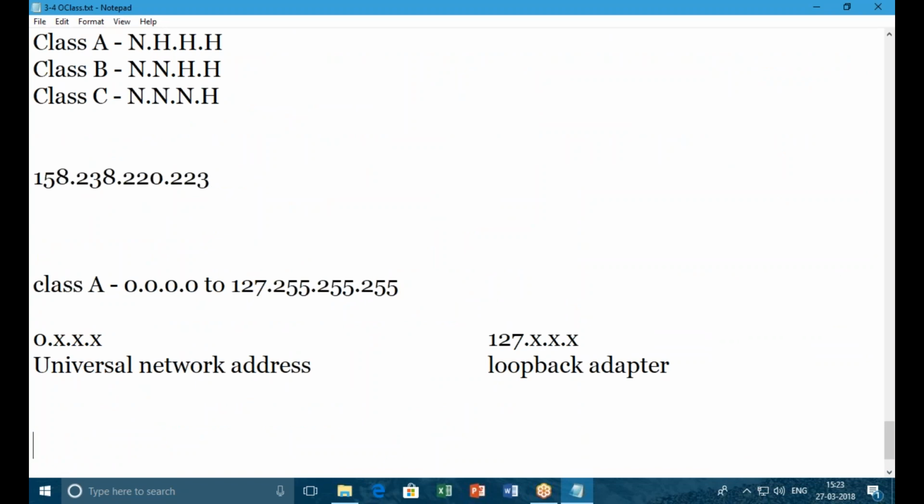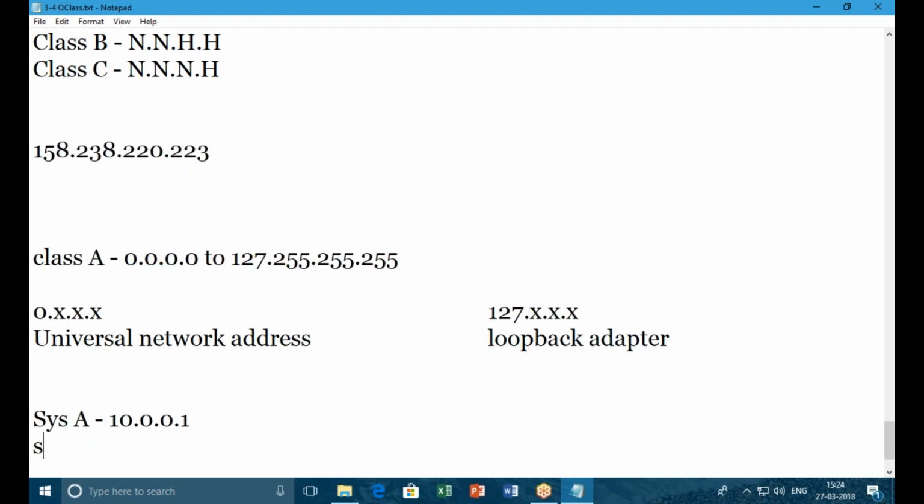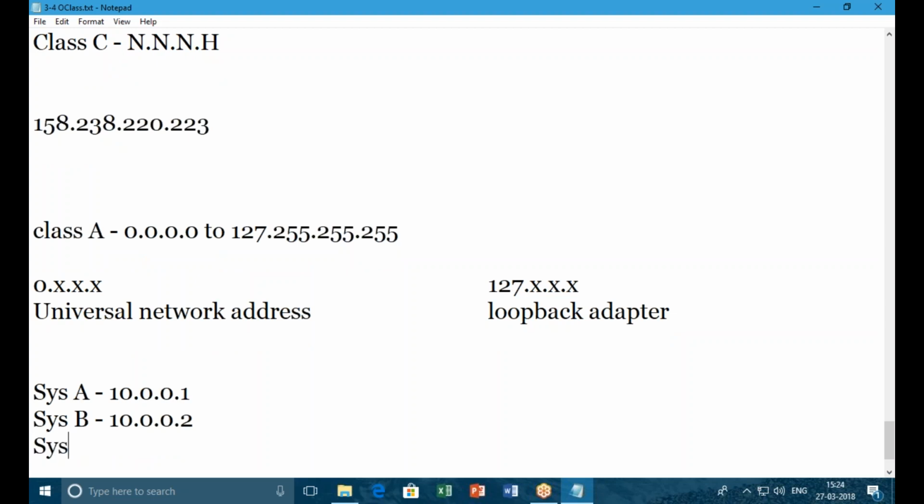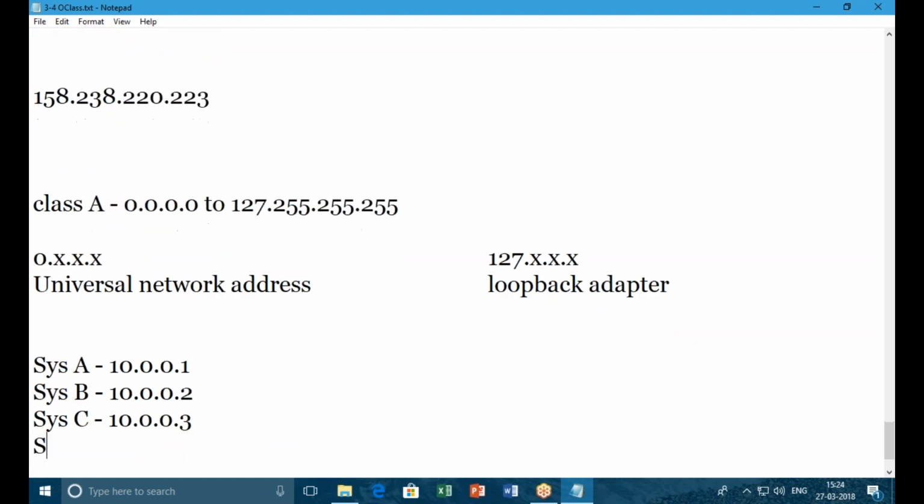Next, let's say we have a few devices, system A, system B, system C, system D, and we have assigned some IP addresses like 10.0.0.1 for system A, and for system B 10.0.0.2, system C 10.0.0.3, system D 10.0.0.4.